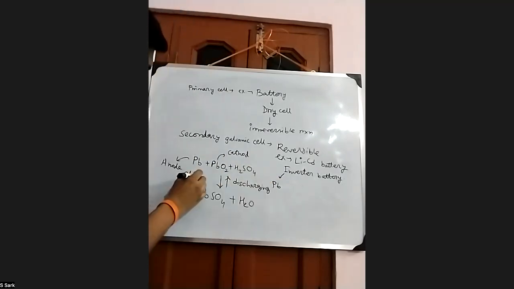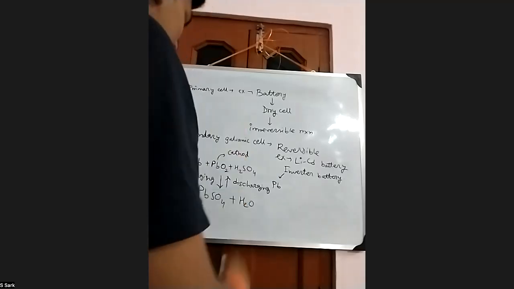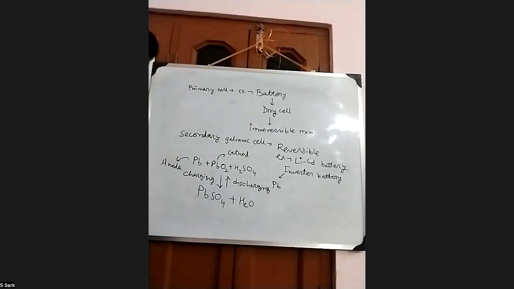At charging, the forward reaction takes place, and for discharging, the reverse reaction takes place. So this is a brief concept about secondary galvanic cell and primary galvanic cell that we can see in our daily life.